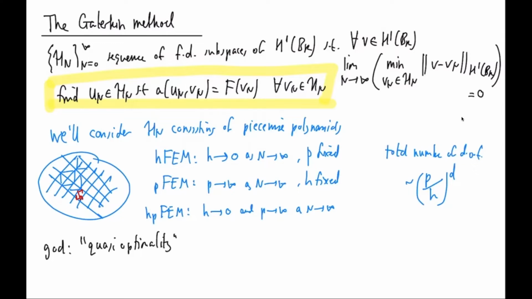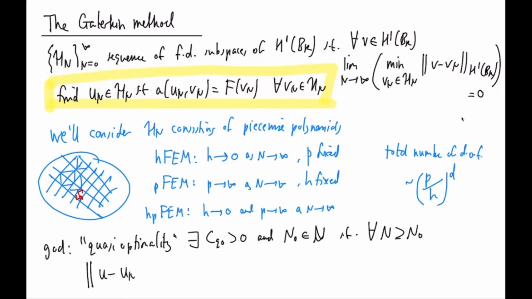So the goal is quasi-optimality, and that is that there exists some constant, C_QO for quasi-optimality, and some n_0 a natural number, such that once my subspace dimension is greater than or equal to n_0, the error I commit in approximating u by the Galerkin solution u_n is bounded by the constant C_QO times the smallest possible error I can incur in approximating u by an element of the subspace.